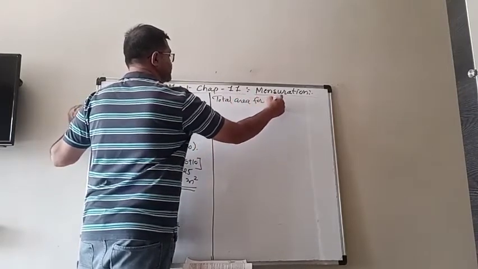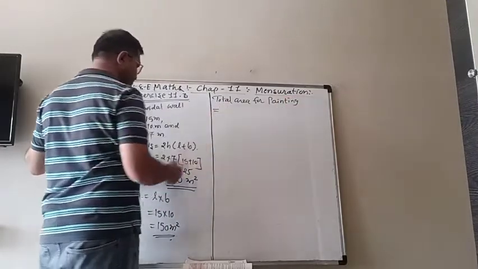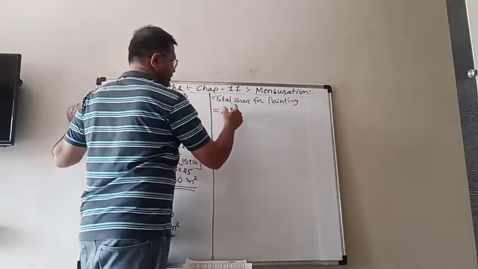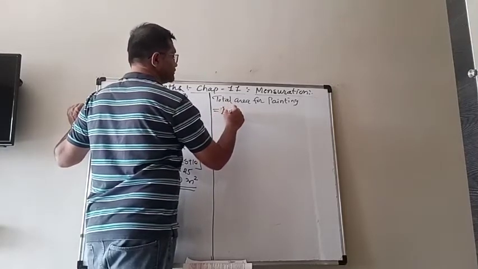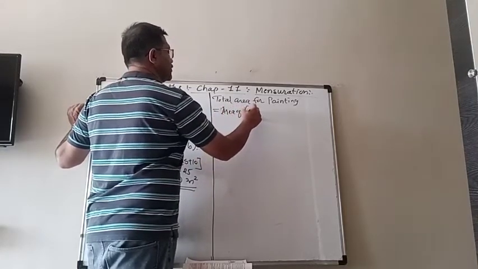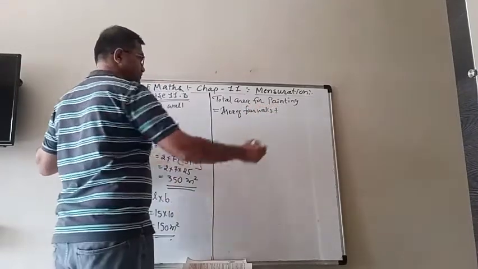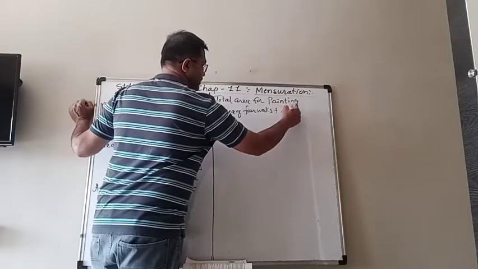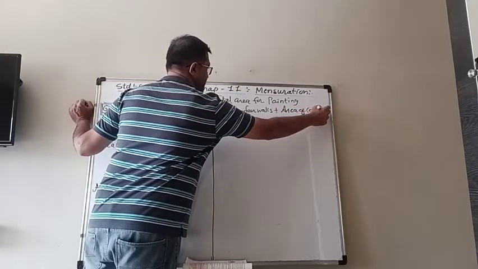So now the total area for painting will be the sum of this, means area of 4 walls plus area of ceiling, because both of them are to be painted.